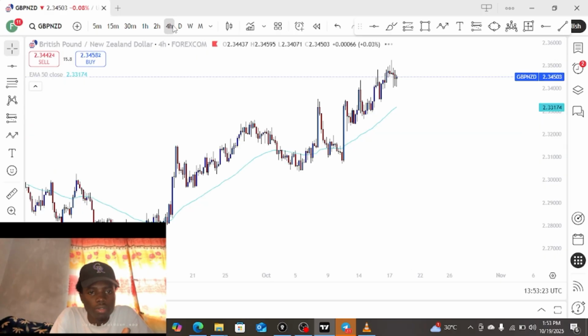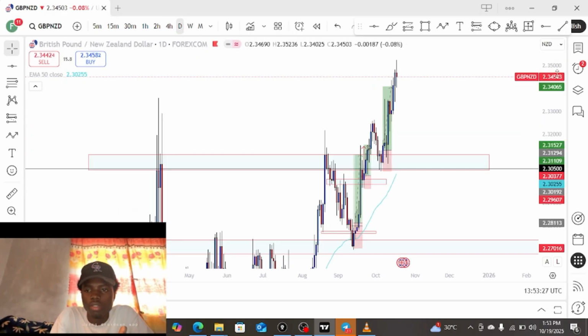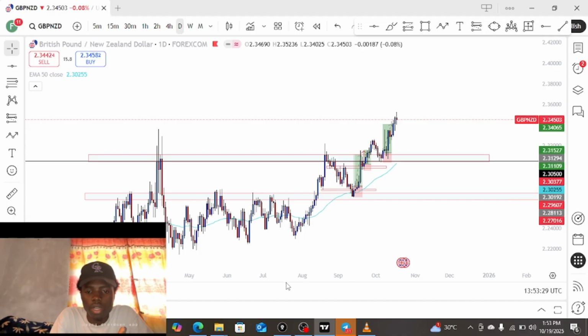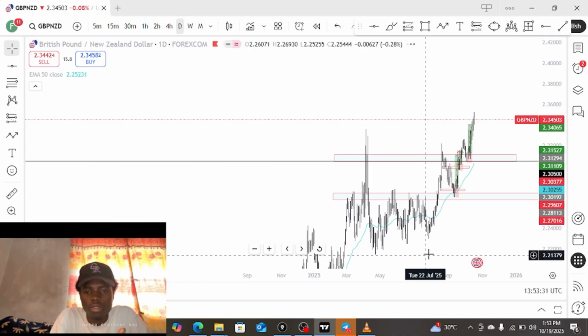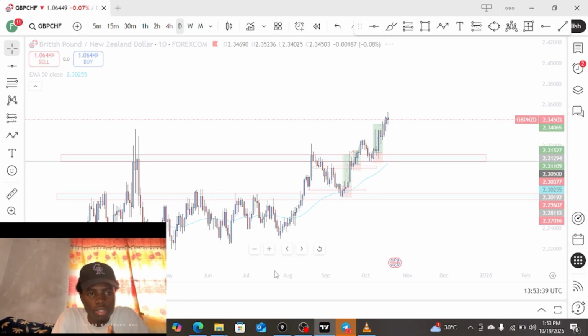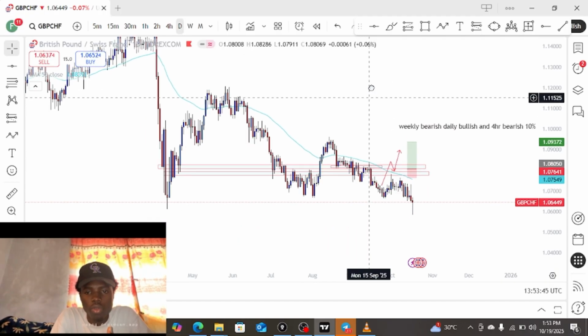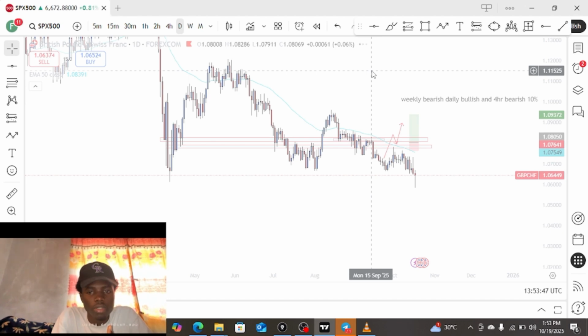Not interested. GBP NZD. The same has been adjusted. GBP NZD, same right here, not interested. CHF is also at the lowest point it has ever been. Not interested.